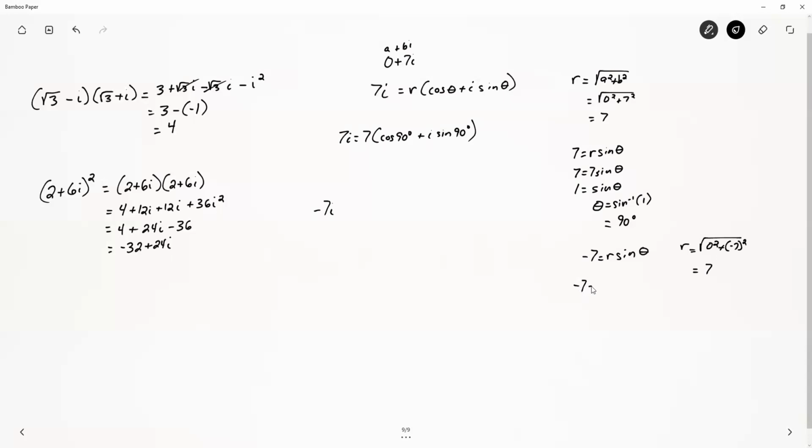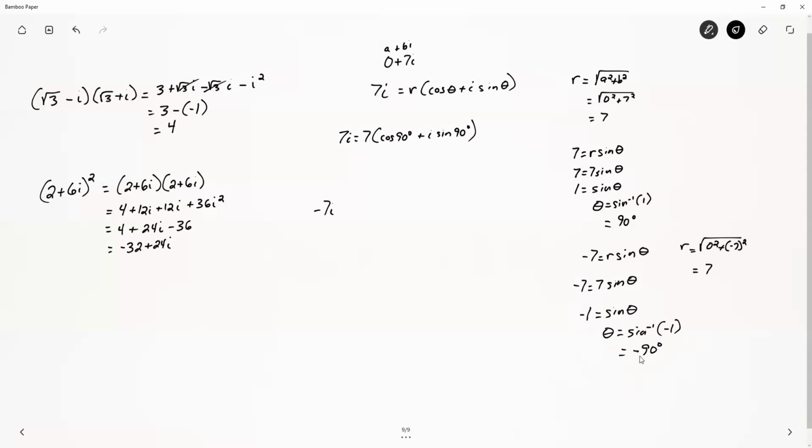So we end up with negative 7 is equal to 7 sine theta. Divide by 7, and you end up with negative 1 is equal to sine theta. So theta is equal to arc sine of negative 1. When you plug that into your calculator, you're going to get negative 90 degrees.